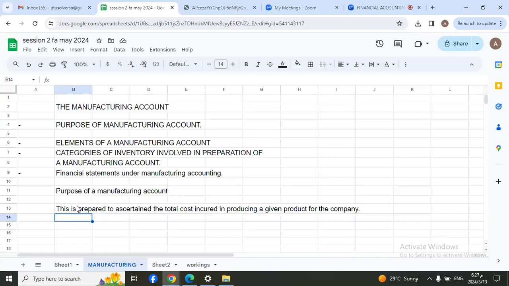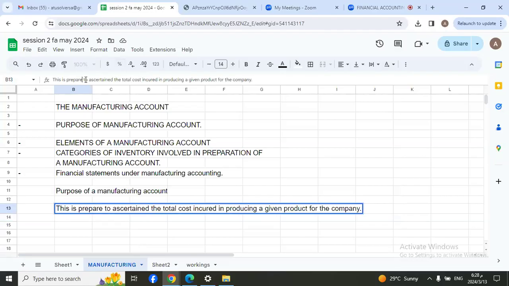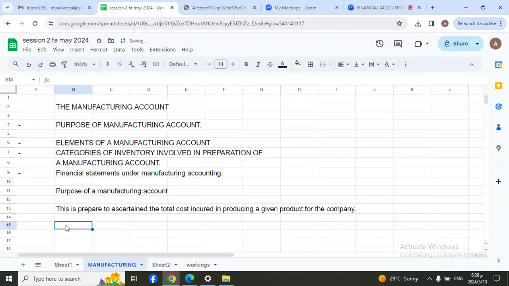So the main aim is to ascertain the total cost incurred in producing a given product of a company. That is the main purpose.